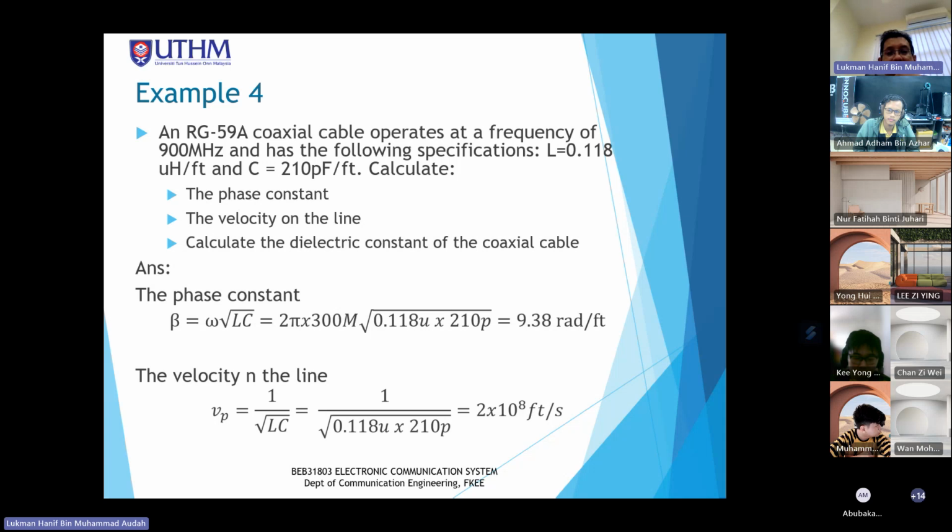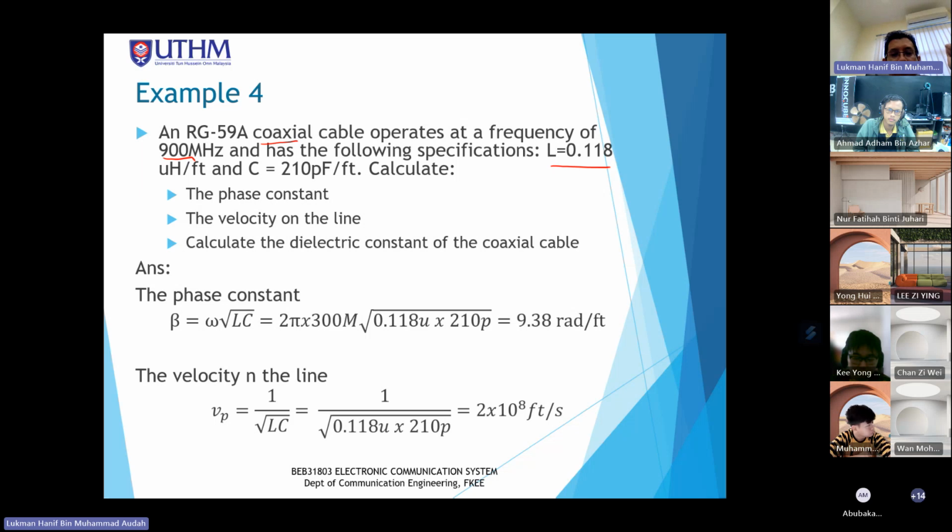And this is the example 4 of a coaxial cable. This is also a good example for the final exam. An RG59A coaxial cable operates at a frequency of 900 megahertz and has the following specification: L is 0.118 microhenry per feet and capacitance is 210 picofarad per feet.